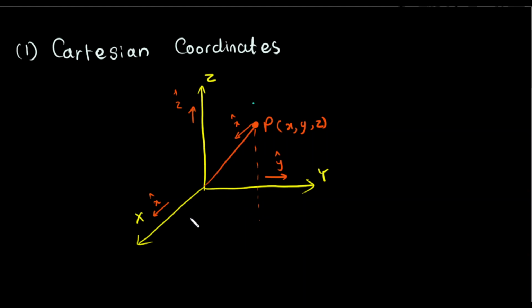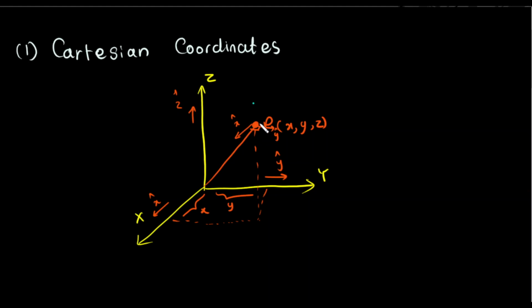If we draw this, the coordinate will be x, and if we take a look at the y coordinate, it is in the y hat direction. These x hat and y hat are perpendicular to each other. So we have this y coordinate, and the length to this position is going to be x and y.